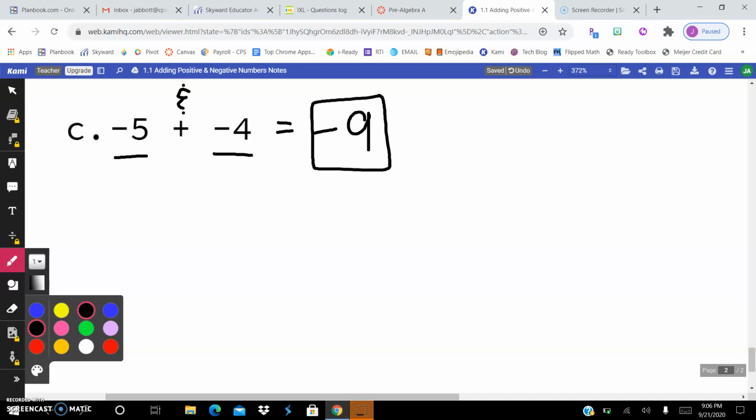I think that's something that everybody can relate to and understand. So just be careful on the negative signs. So if I had this problem right here, that is the same exact problem as written above. So don't get confused by a minus sign. A minus sign is still a negative sign. Okay, so you would treat this as -5 and -4.